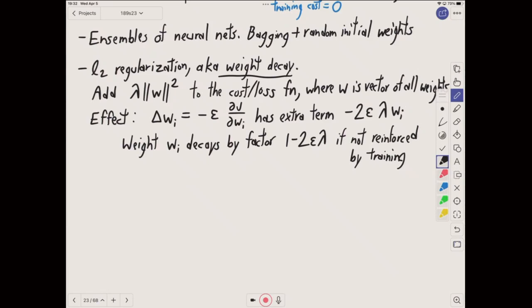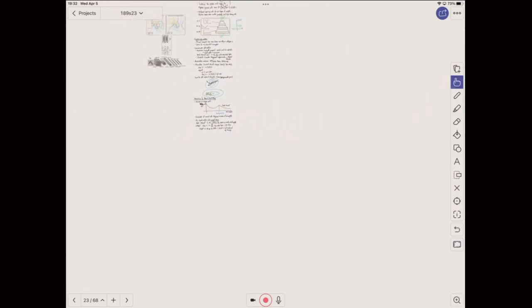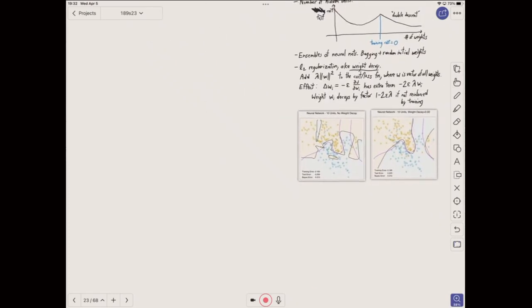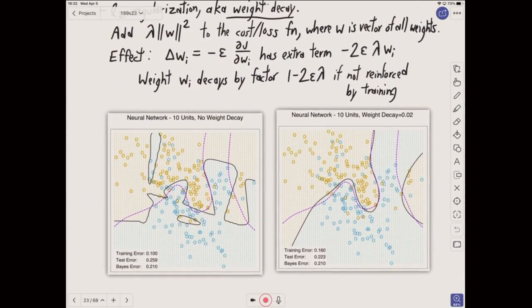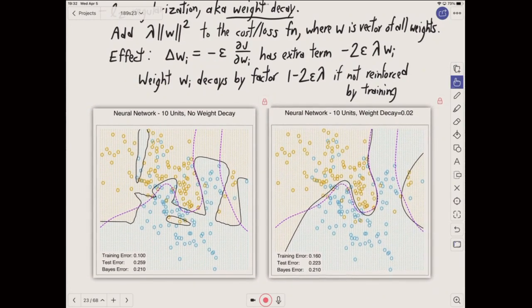There is an example in one of your textbooks, the ESL, Elements of Statistical Learning, that shows the difference between using weight decay and not using weight decay in a neural network, in one of their classification problems with artificial data that the authors have cooked up. Since they're using synthetic data, they know what the correct Bayes decision boundary is. So those purple dashed lines you see here are the correct Bayes decision boundary between the blue points and the brown points.